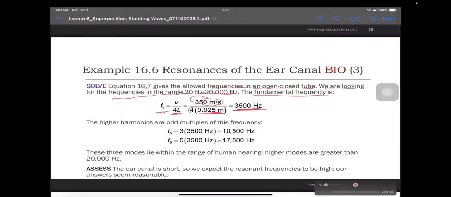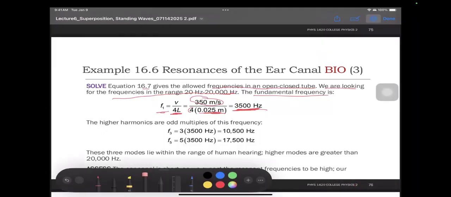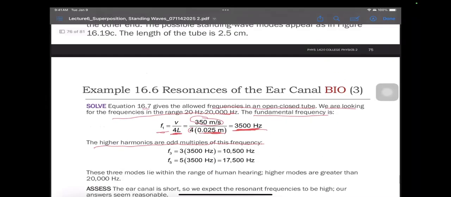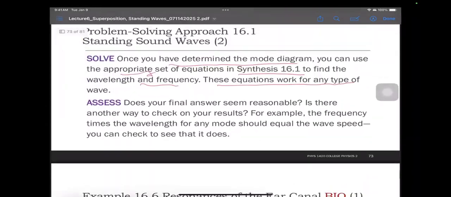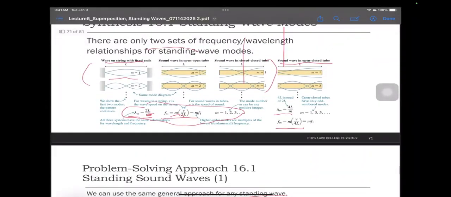And the harmonics are odd multiples of the fundamental frequency. Do you know why it is just like this? I think I forgot to tell you. I didn't express this here.